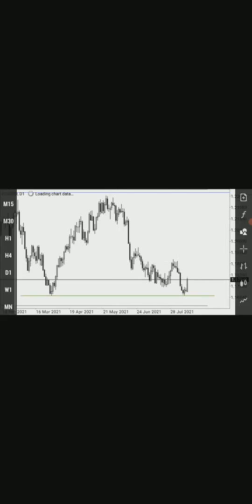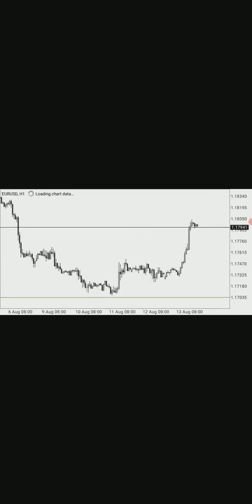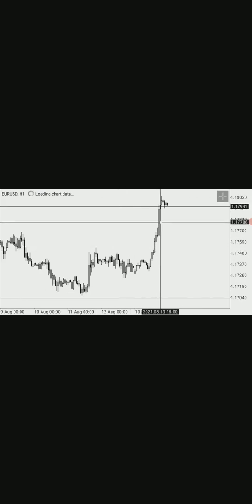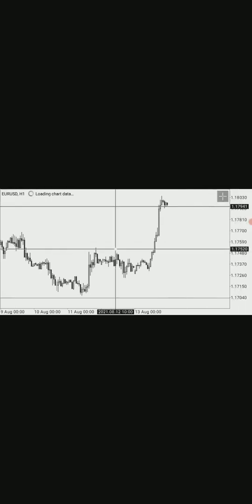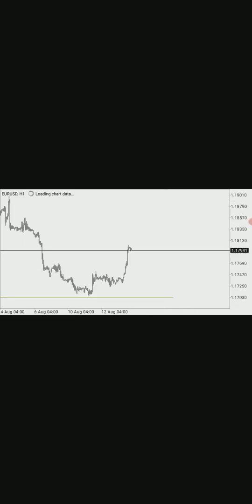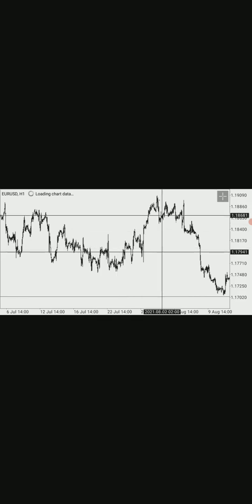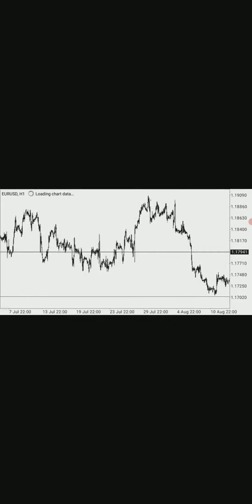So let's go to the 1 hour. Same thing with the dollar. I'll be looking for this to trade lower, fill out this FVG, and then go higher from there. I want to see a response from this particular point here, and then taking out all these highs.